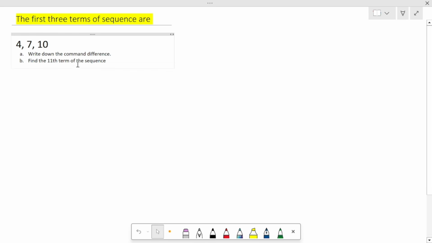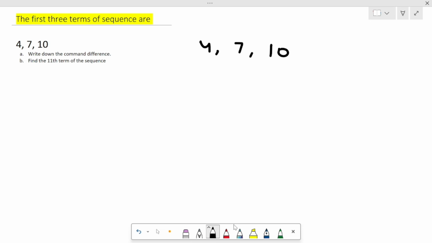So there is a sequence, and the first three terms are given, which are 4, 7 and 10. First of all we have to identify what kind of sequence it is. If you see the difference, 4 plus 3 is 7, 7 plus 3 is 10.